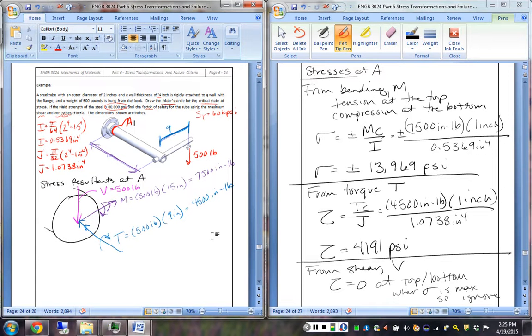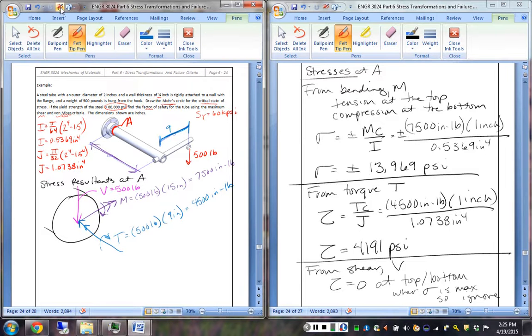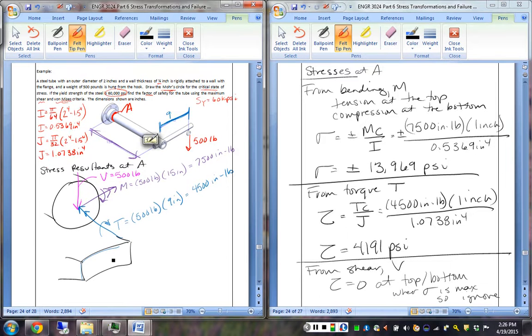So this ends up with a stress state if we have our section of material looking at the top. So this is section at top of pipe, we would have a normal stress in the x direction along the pipe of 13,969.